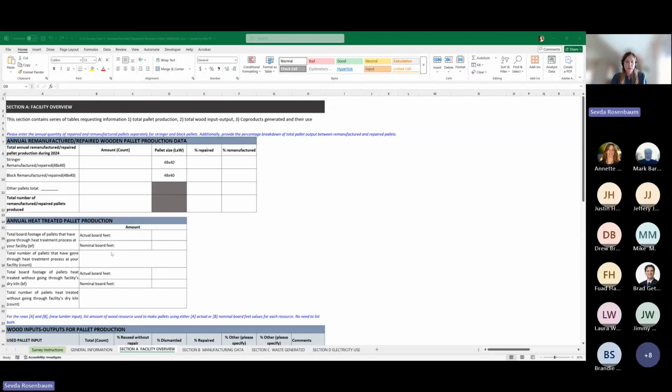I think last time around we had some companies report in an aggregated version. It depends how many facilities you have. It might be better to have separate data if it's also possible and convenient for you.